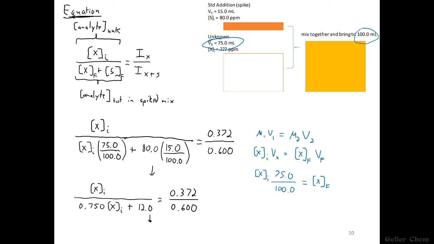On the left side, we will have 0.600 times xi, and on the right side, we will have 0.279 times xi plus 4.46.